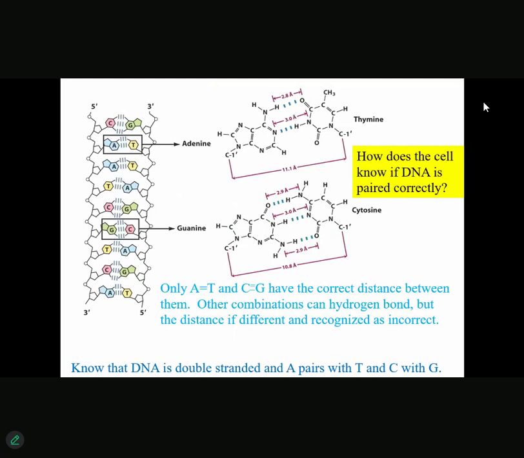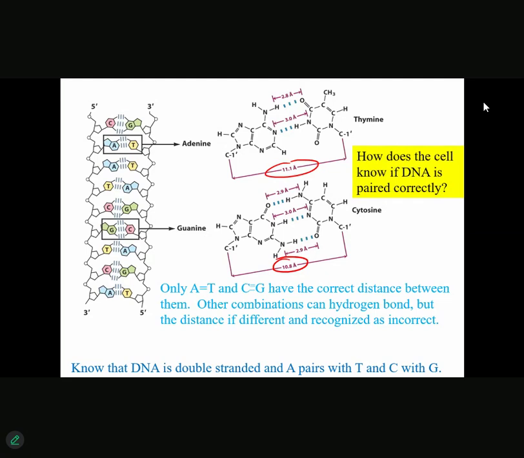If we do DNA replication and we get the wrong match together, say we put an A with a G instead of an A with a T, that can happen, and that does happen, but the distance is not right. The repair enzymes recognize the wrong distance, and it kicks out the wrong base.